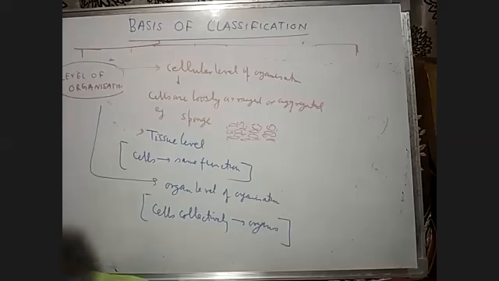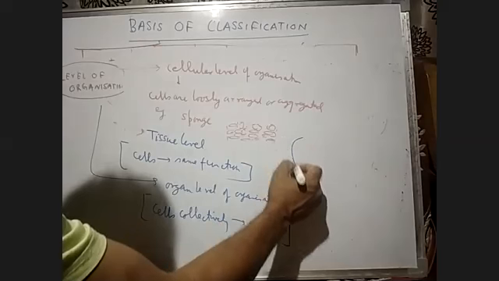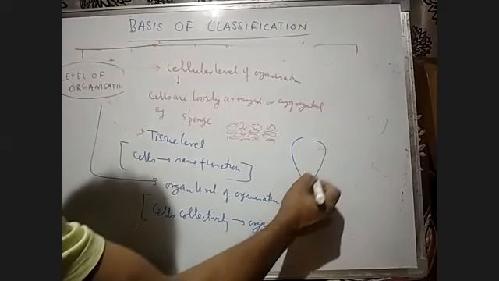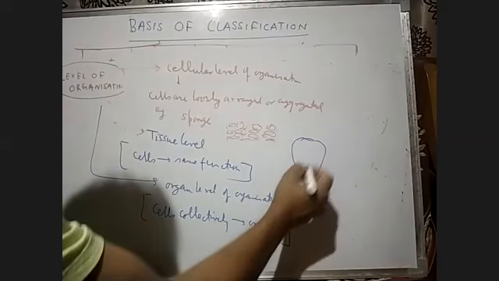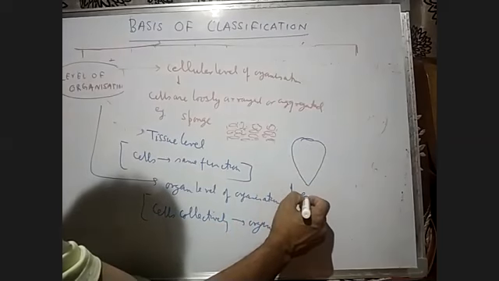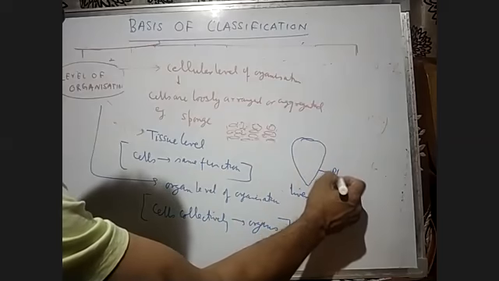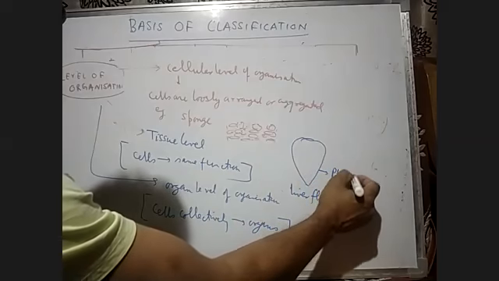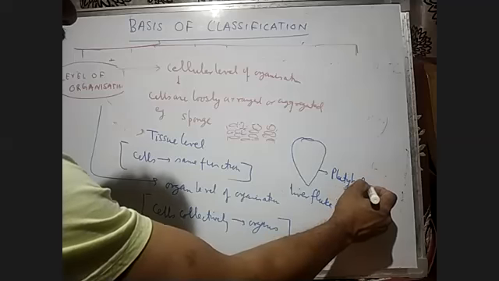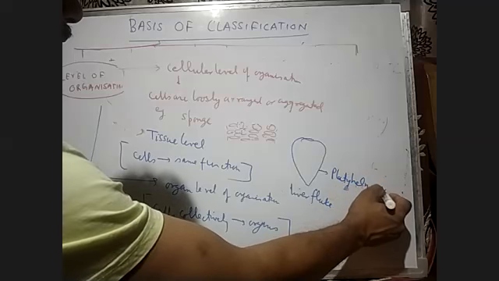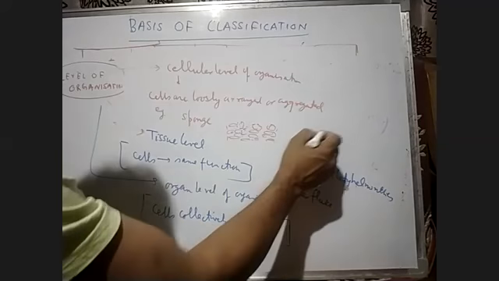Suppose we take a liver fluke. Here, this is our liver fluke, and it comes under the group of animals called platyhelminthes, and there is only one opening.